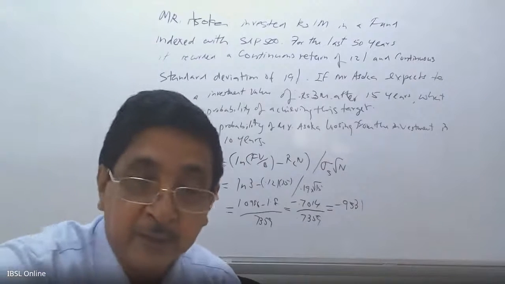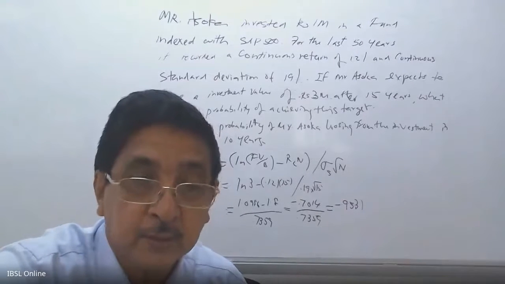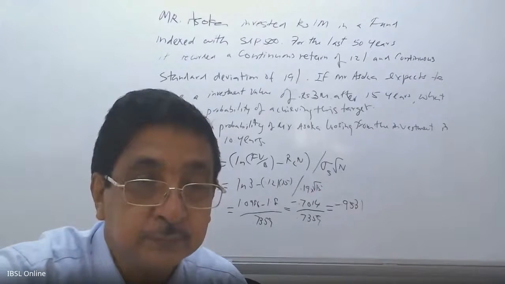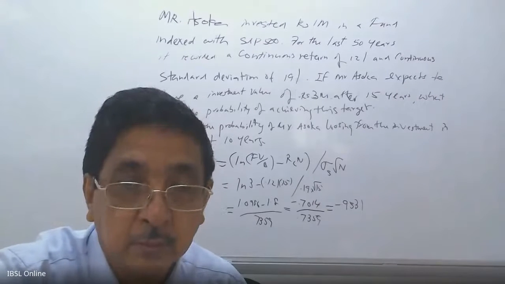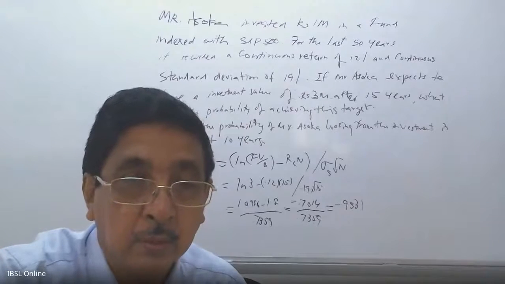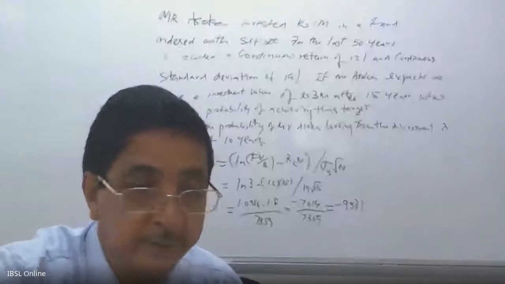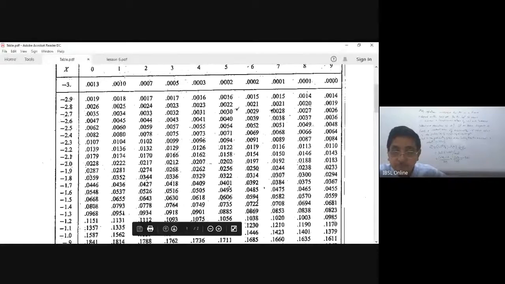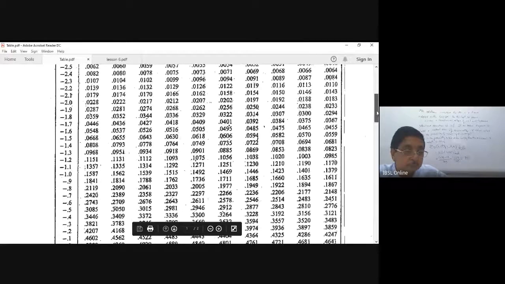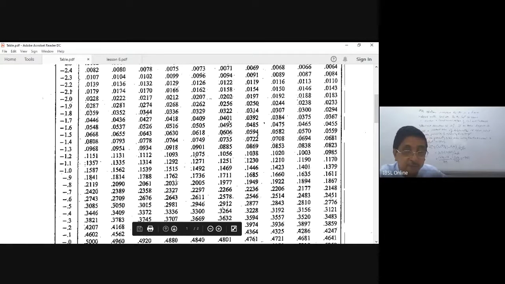So when you have 0.9531, if you go to the tables, you can see 0.95, 31 means 0.95 is somewhere here.